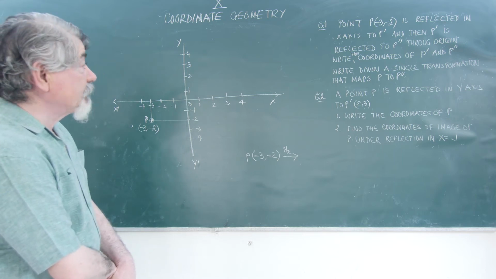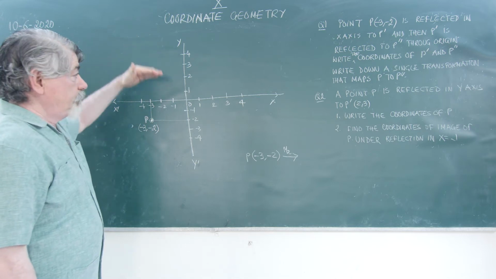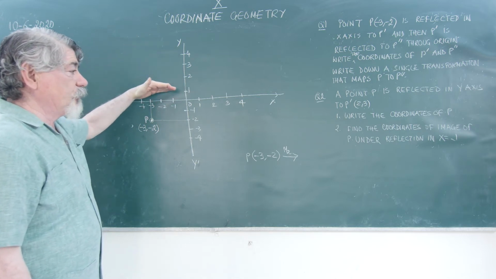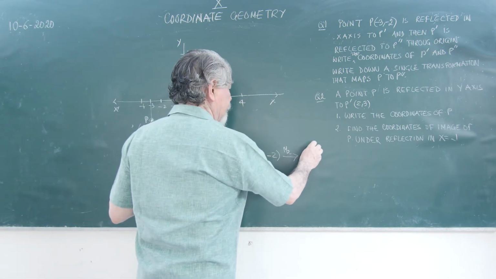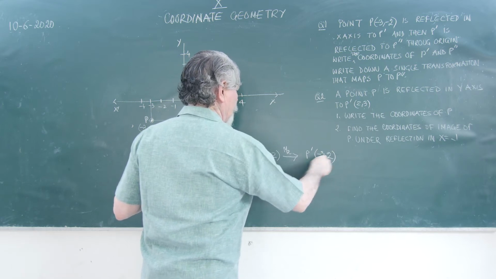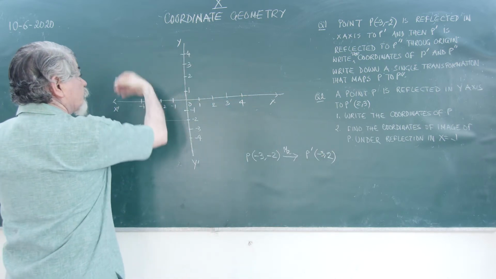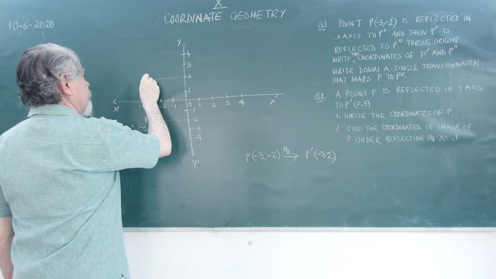You're reflecting in the x-axis, so you're going to go up. P dash will become -3 and 2. It will be just going behind this.